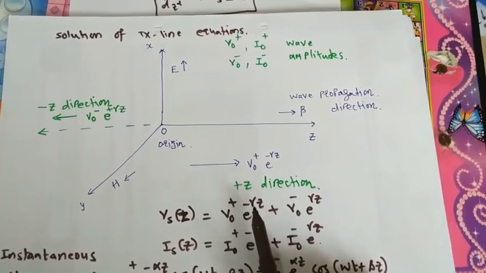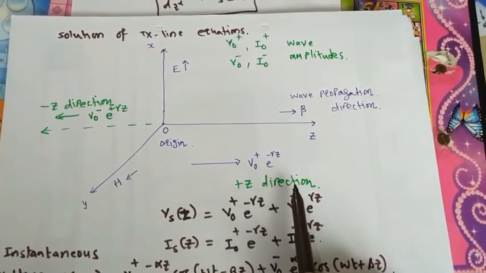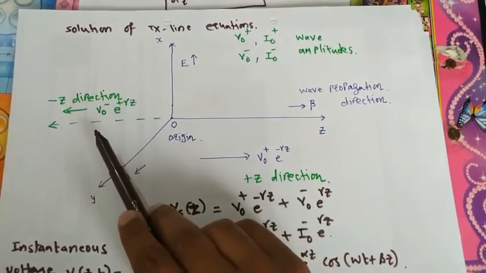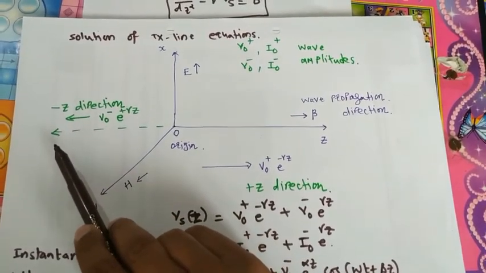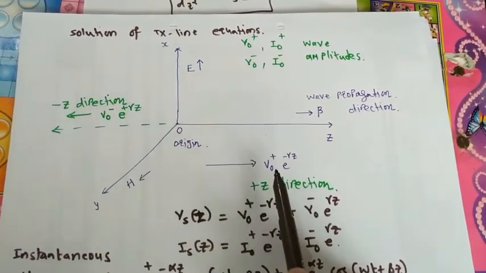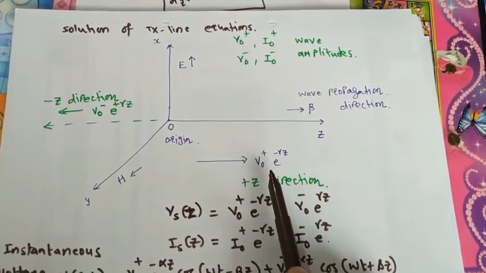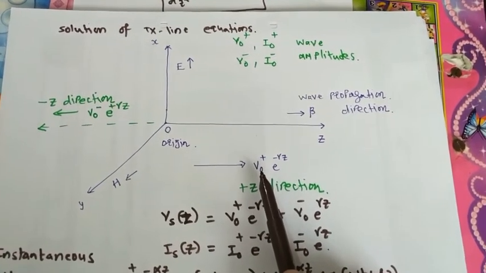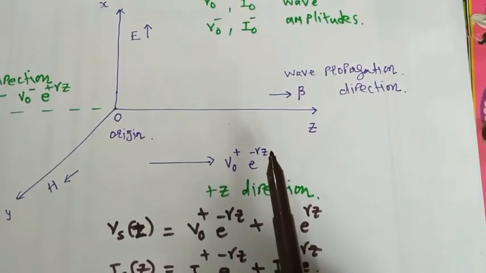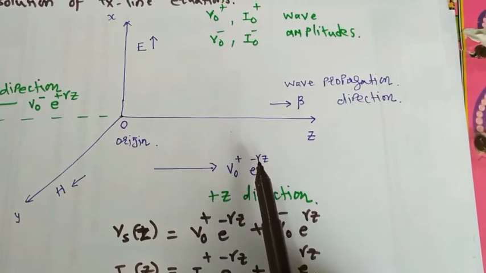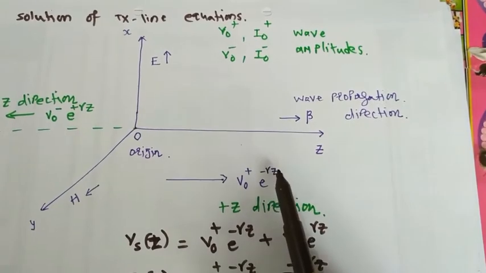One wave is moving away from the origin in a positive z direction, and another wave is also moving from the origin in a minus z direction. In the positive direction, the wave has voltage amplitude V0 plus, and as its propagation constant is gamma and the direction is positive, we get e raised to minus gamma z.